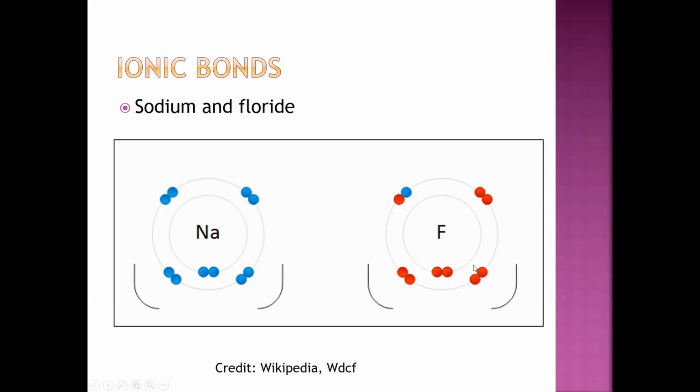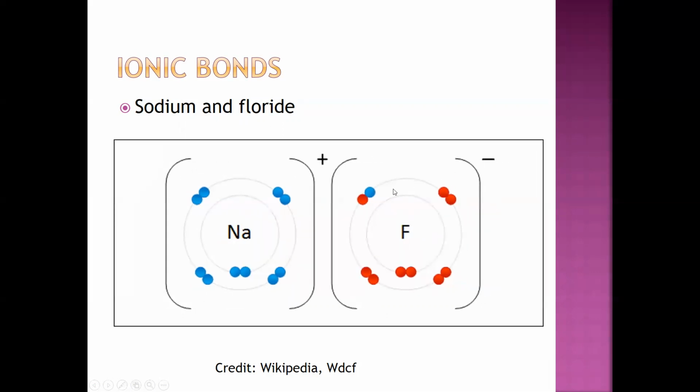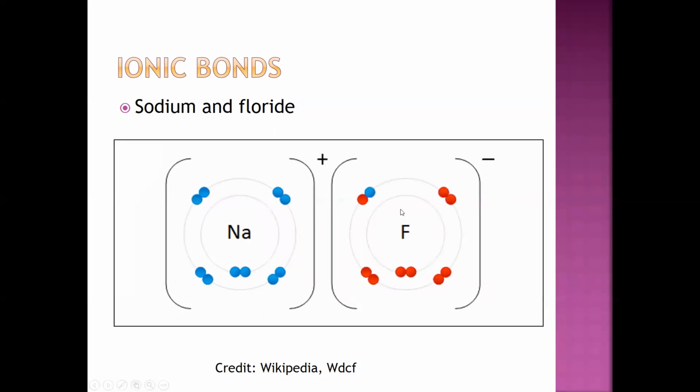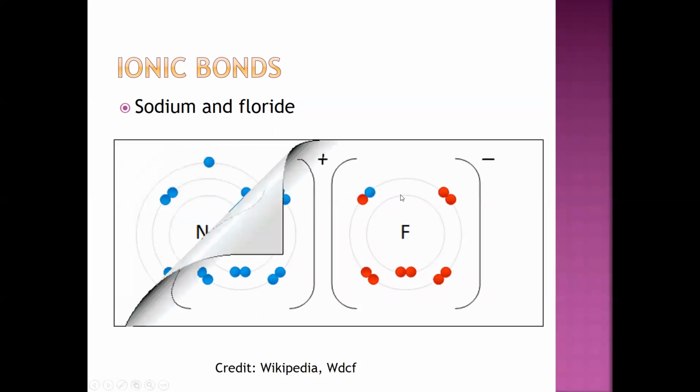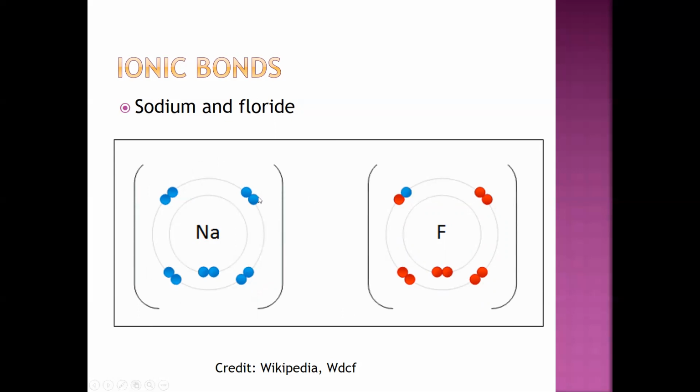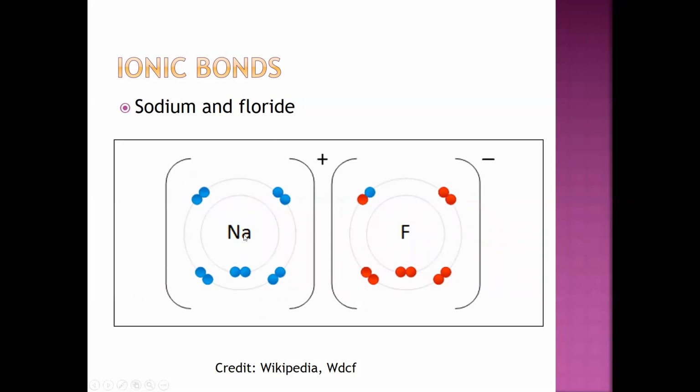And then fluorine steals the electron, so it has a full outer electron shell. So that's why, like sodium chloride, sodium fluoride, sodium chloride is table salt, sodium fluoride. And then when they dissolve in water, the fluoride keeps the electron, so it becomes a negatively charged ion, and sodium is a positively charged ion.